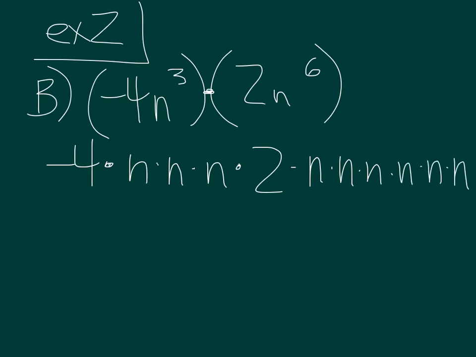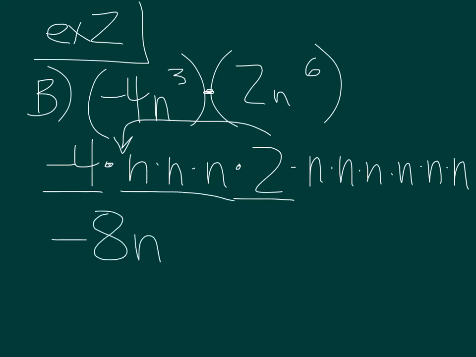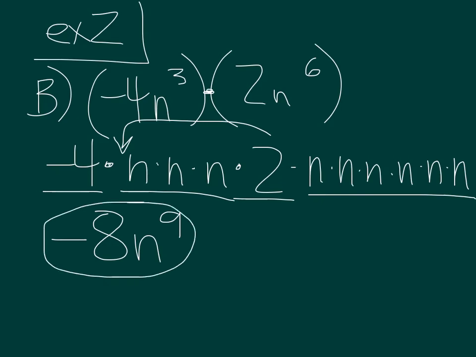So you can just rearrange some things. It's negative 4 times 2, which is negative 8. And then if you count up all your n's that are being multiplied, that is n to the 9th power. So that's your final answer, but you don't have to break it down like that.